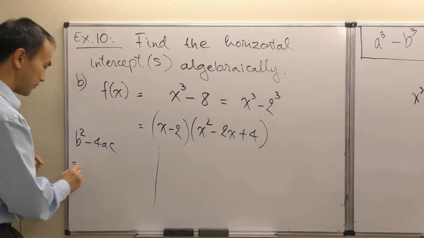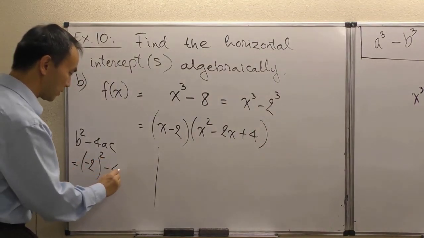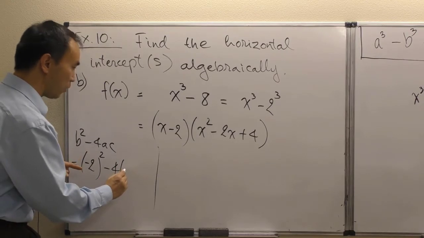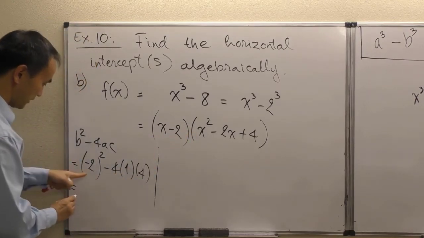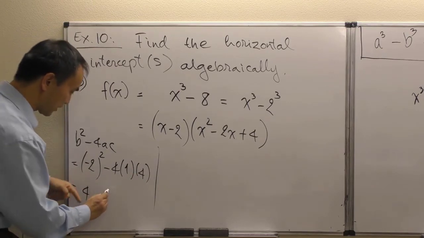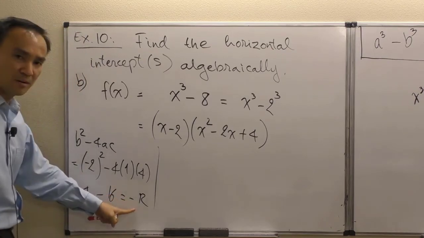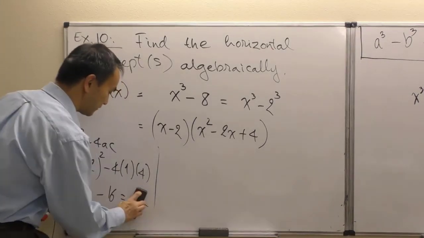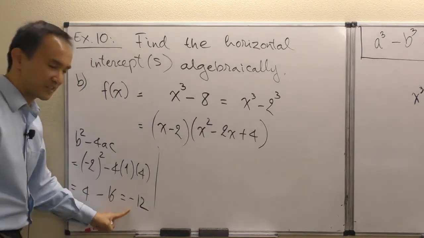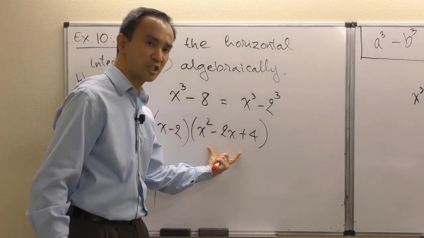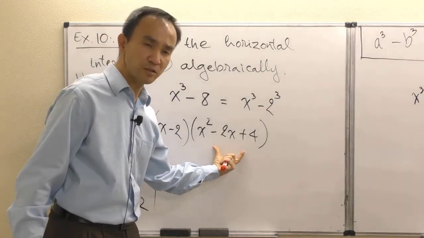So b squared minus 4ac is the same as minus 2 all squared minus 4 times a, which is 1, times c, which is 4. So that gives me positive 4 minus 16, which is a negative 12 here. So b squared minus 4ac is indeed a negative value, which is a perfect sign indicating that this quadratic can no longer be factored. It's already in its irreducible form.